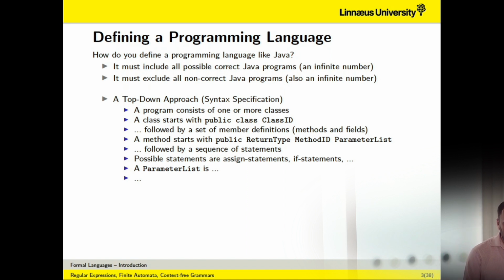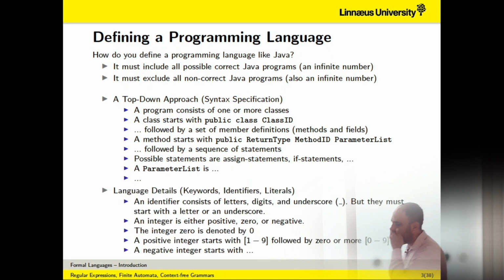Other approaches could be, as you said, that you can start with the identifiers and the words. Also, if we consider Java, we see that every program in Java is a class definition. So you can start with the class declaration, how a class looks.